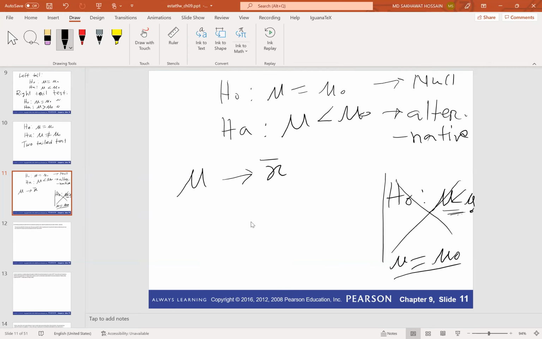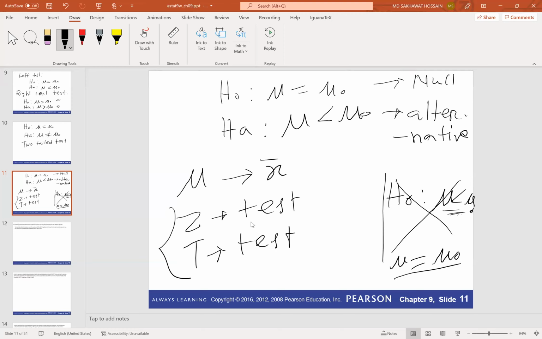So for one population mean, we can have either a Z test or a T test, but it depends on the data. If the sample comes from a normal distribution, that means the population distribution is normal, then whether the sample size is large or small doesn't matter.